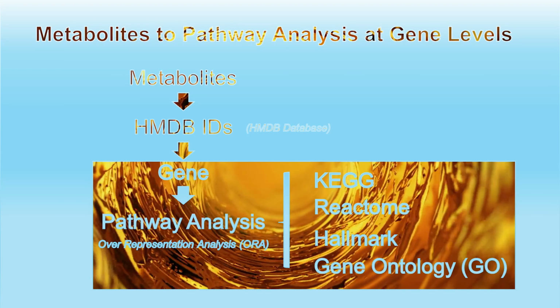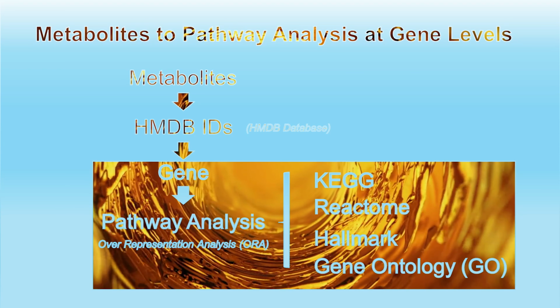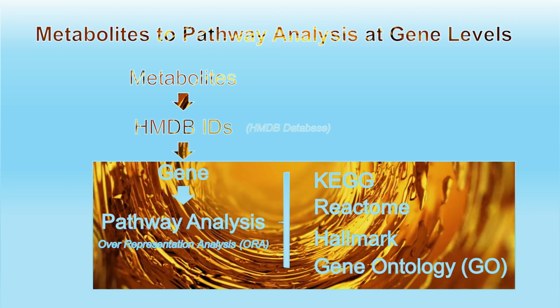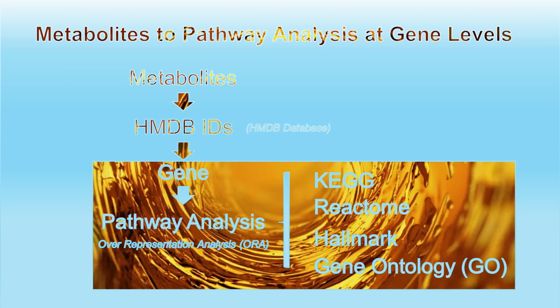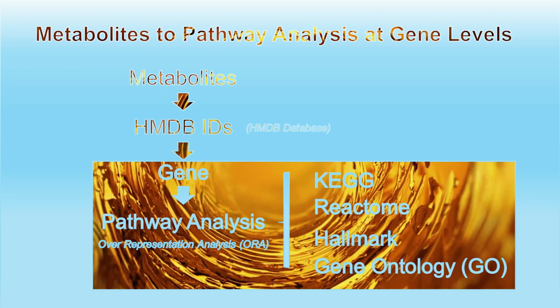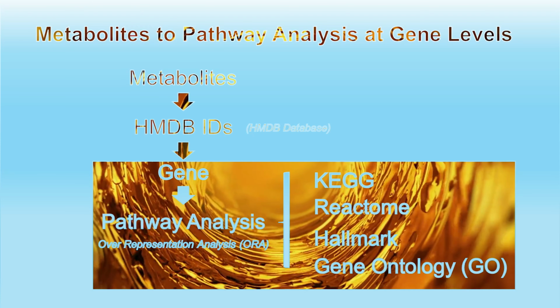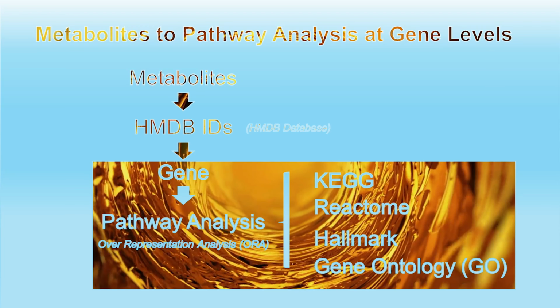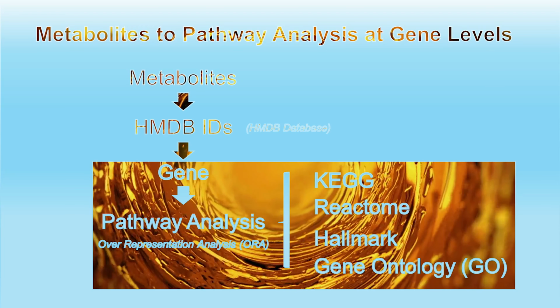This step is extremely important because most pathway databases are gene centric, not metabolite centric. So, if you want to perform accurate and biologically meaningful pathway results, you must first convert the metabolite level information into gene level information.